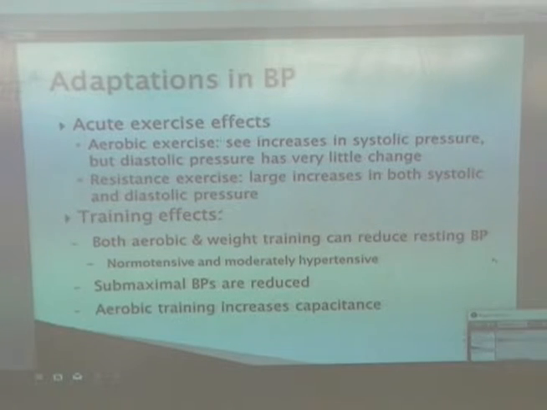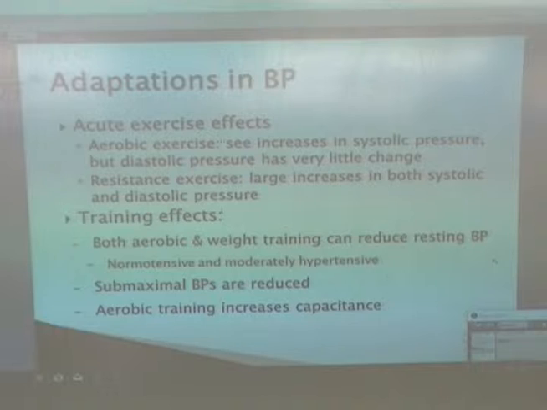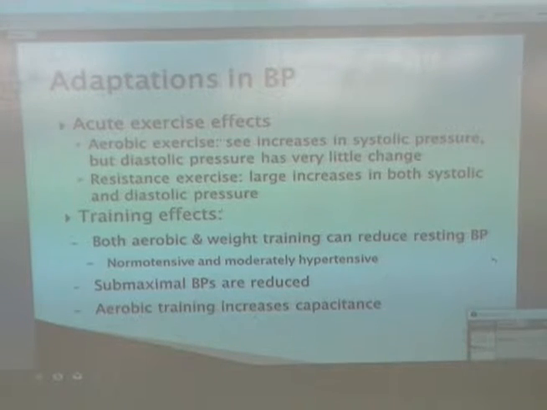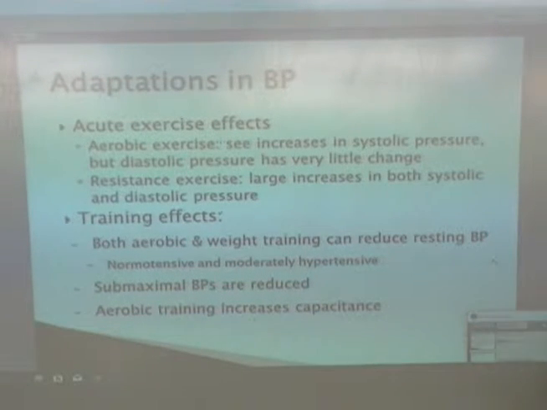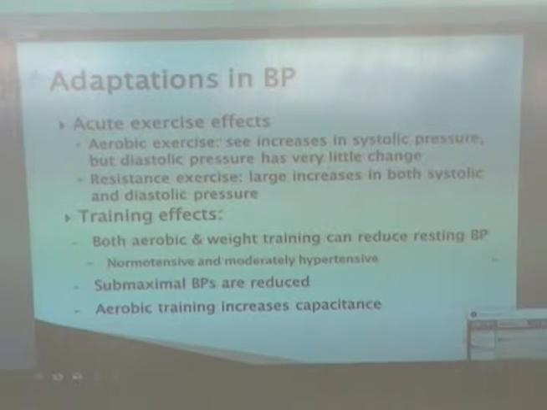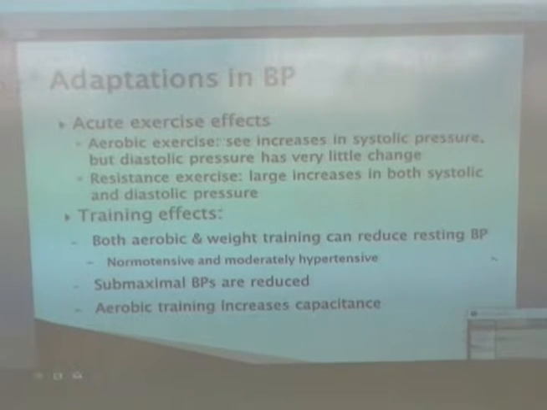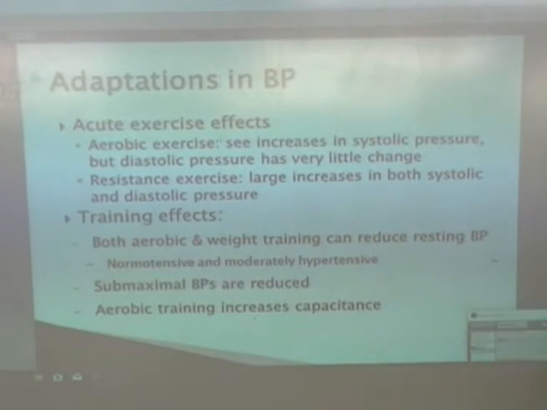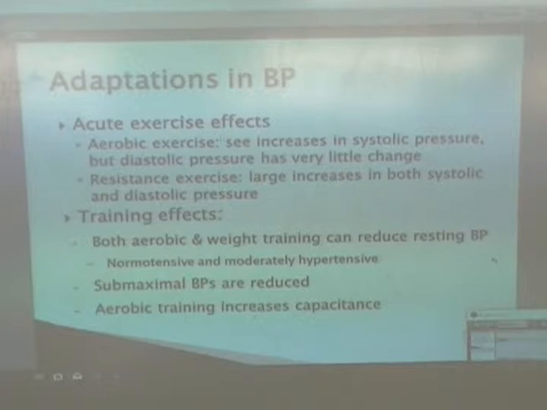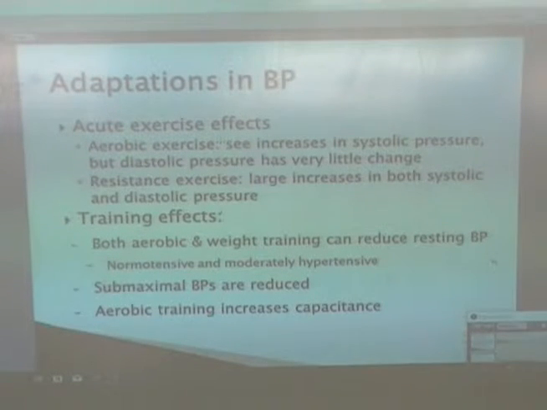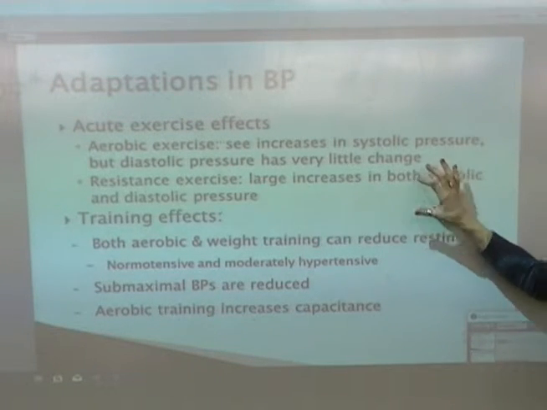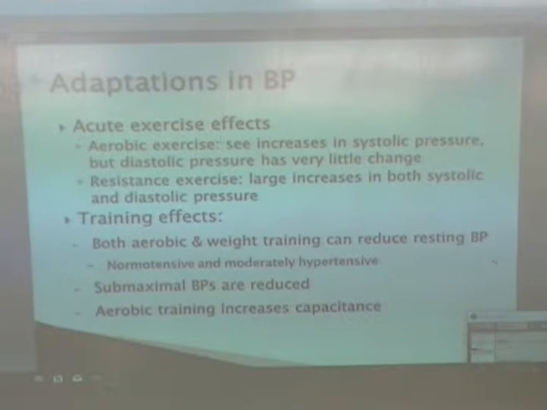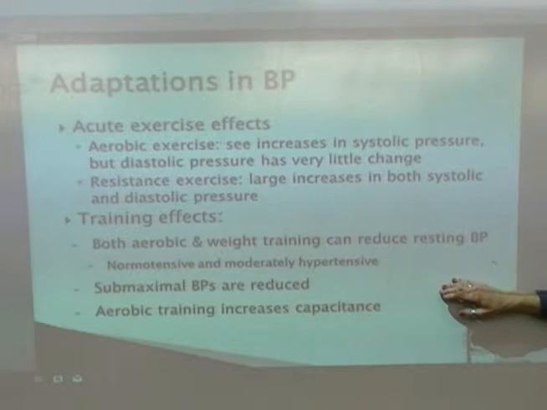Doing resistance work, though, is a very different picture, right? When we do any kind of resistance exercise, particularly if we add weight to it, but even without the weight, just doing body squats and press-ups, we see large increases in both pressures, systolic and diastolic. And so that's a key point when you're setting these training programs and someone tells you they have hypertension.